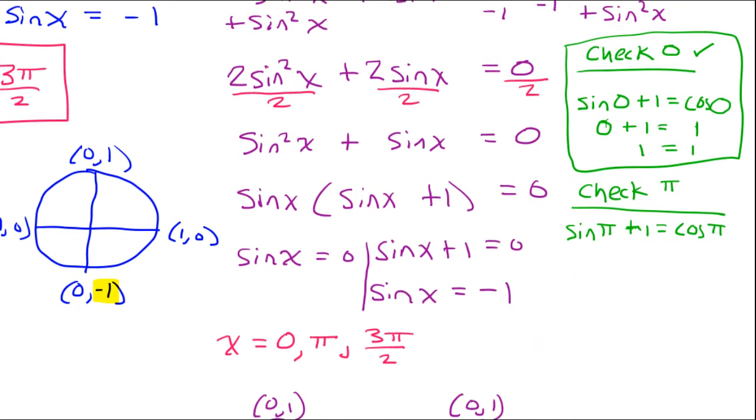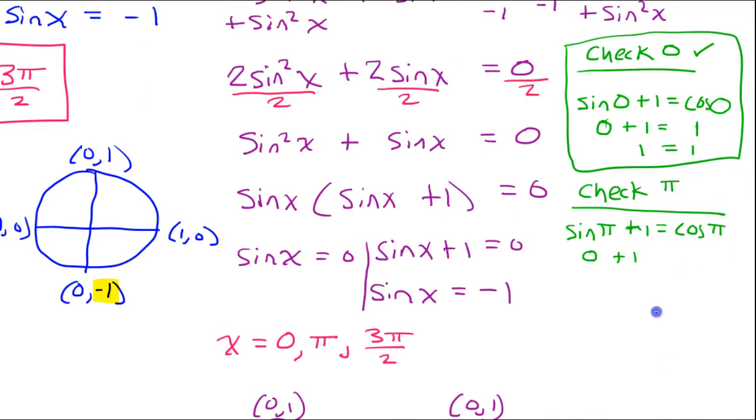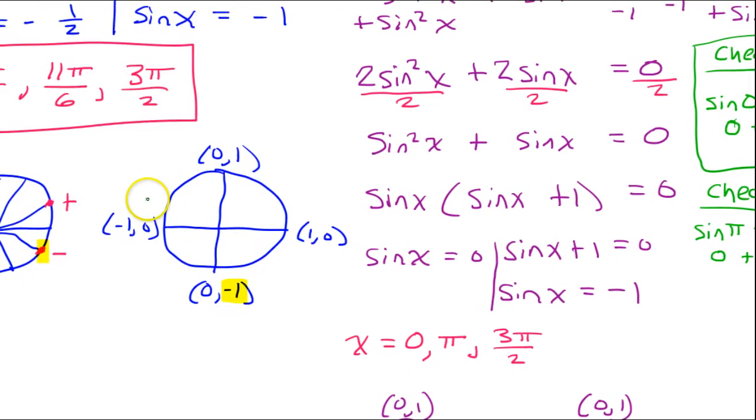Let's see, sine of pi. So here's pi. Sine is the y value, so that is 0. So again we have 0 plus 1. Now cosine of pi. Cosine is the x value, so that's going to be -1. Cosine is -1.